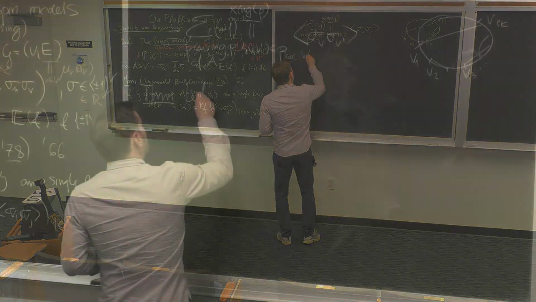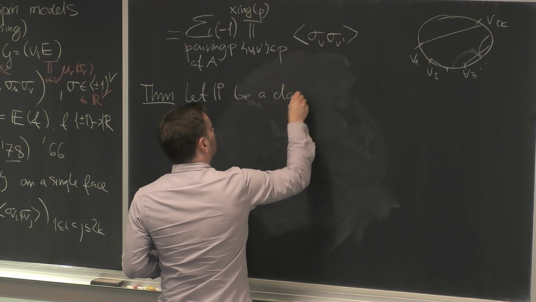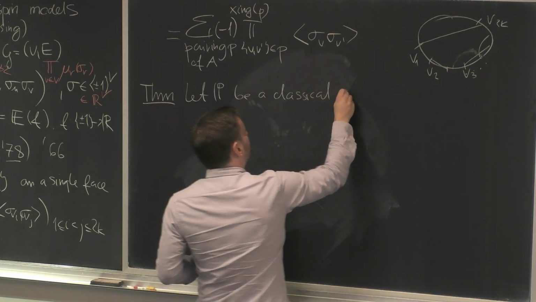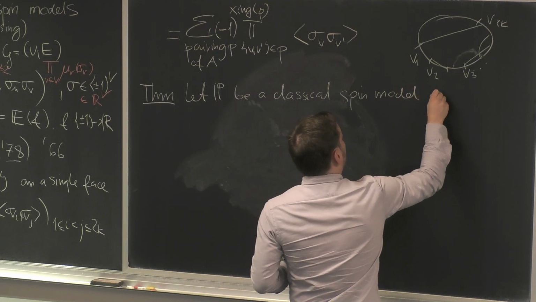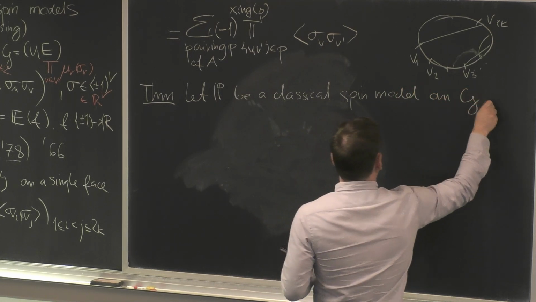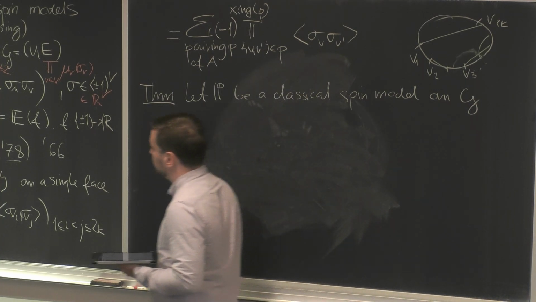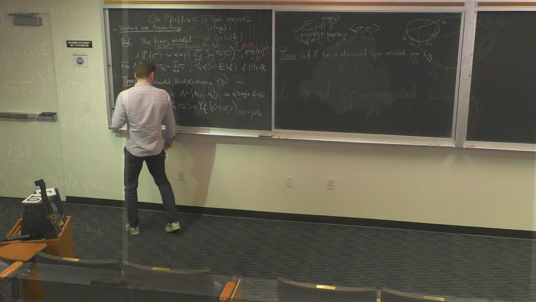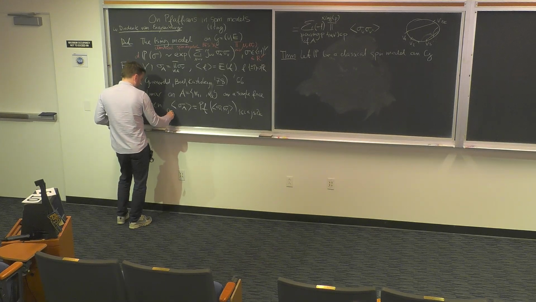OK, so let me have a classical spin model on G. And I would like to say that there is some special set of vertices where this condition holds. I will denote this condition by star, say.